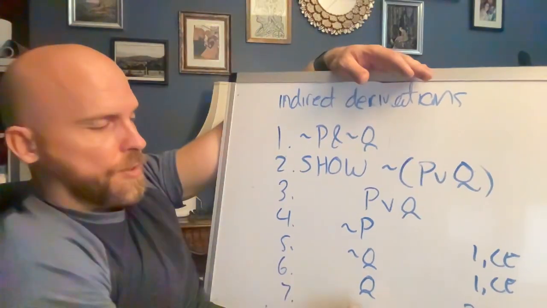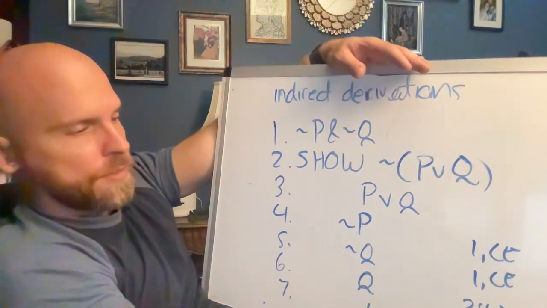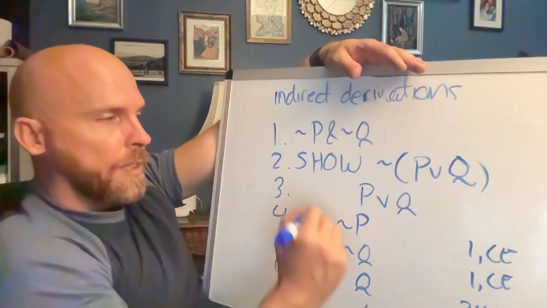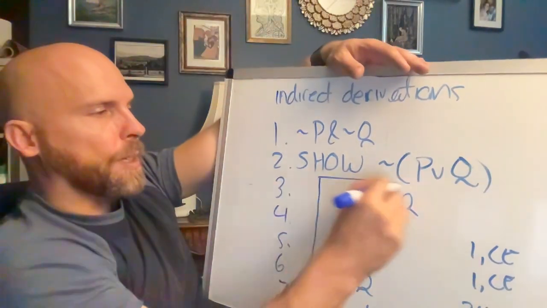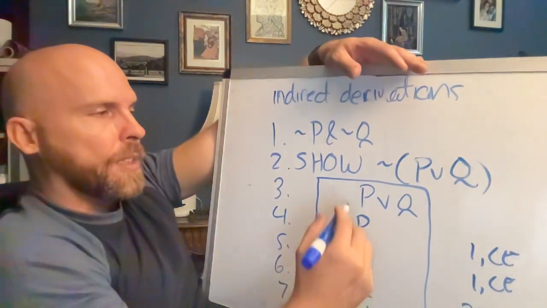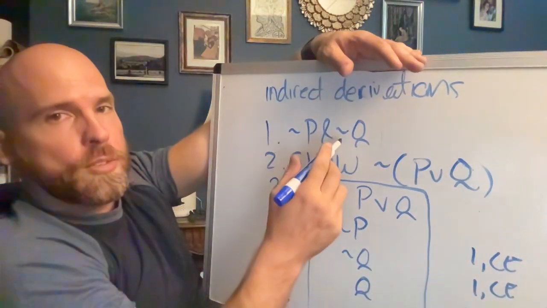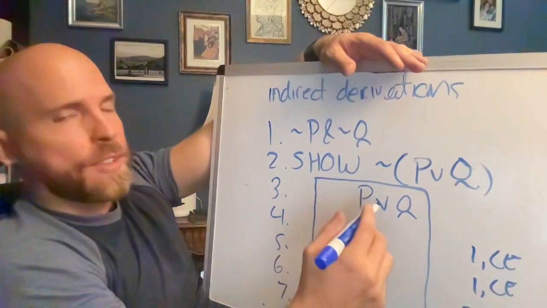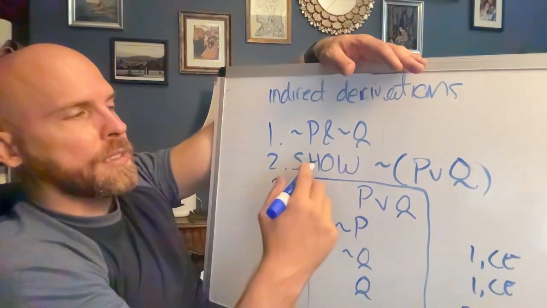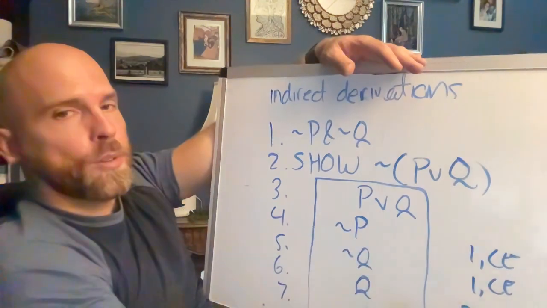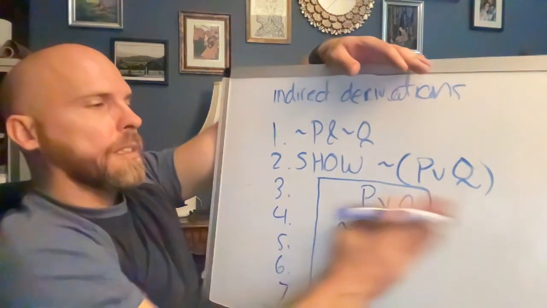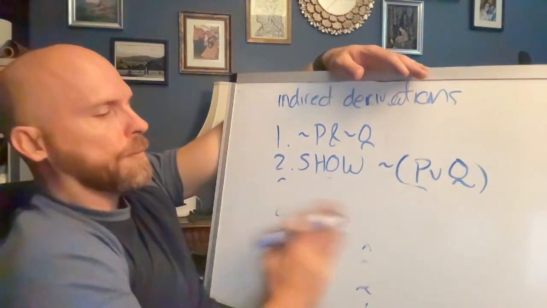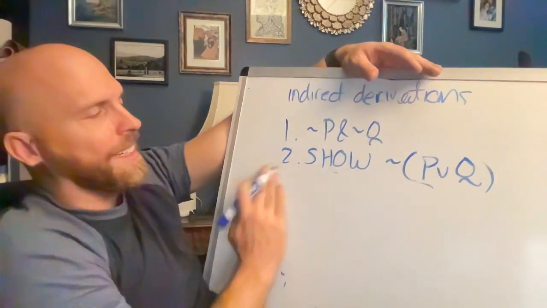Now I've got my contradiction. Bang. 5, 6, bang. Now, what is that showing me? On the assumption of P or Q, given this, I've gotten a contradiction, so it is the case that not (P or Q). Again, as I said, this is a rule that we can cite, we can use.